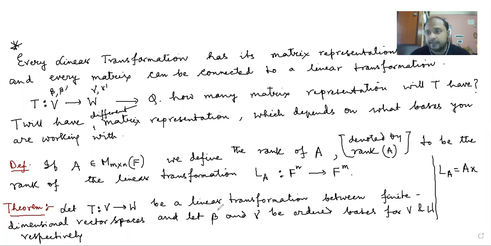Then the rank of the linear transformation is equal to the rank of [T]_beta^gamma, the matrix representation of the linear transformation. If you can find the rank of this, then the rank of the linear transformation can be found.